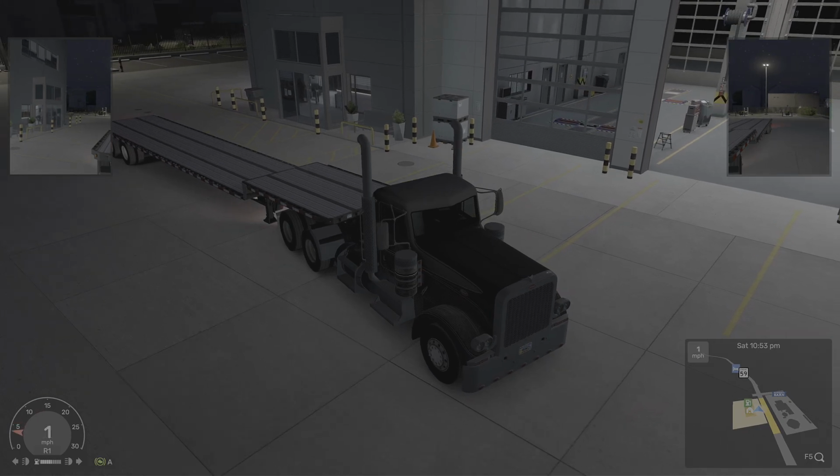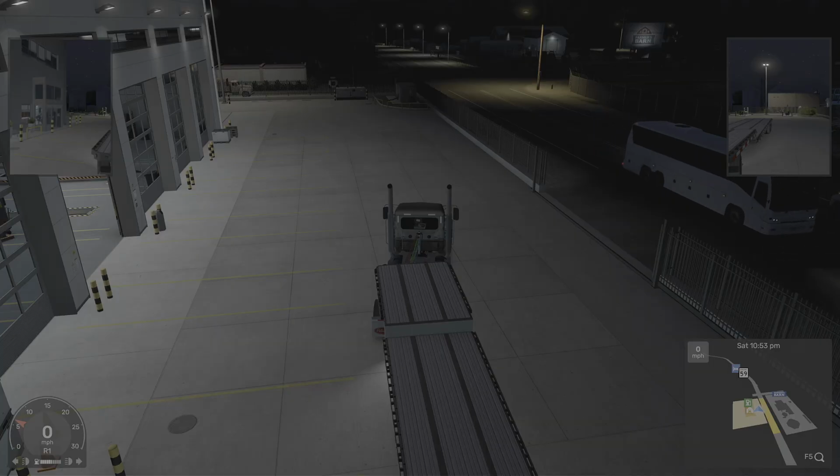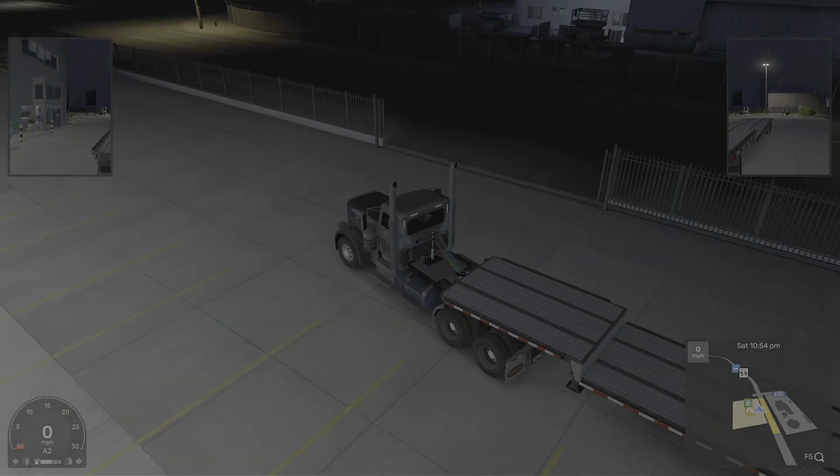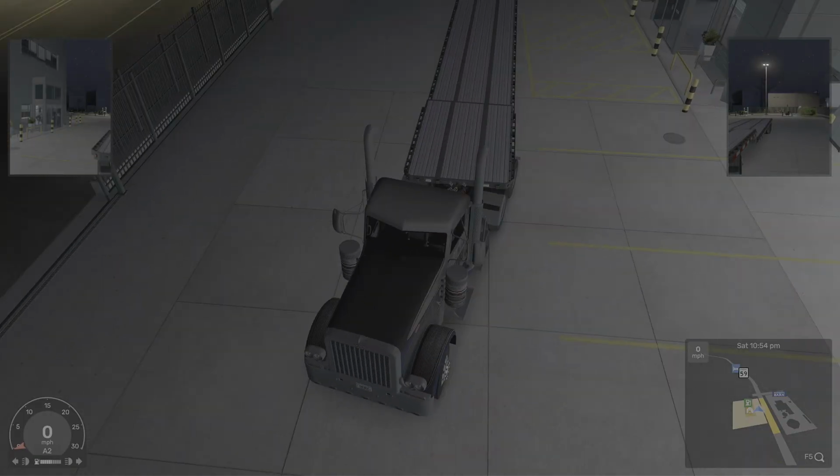I was looking at my truck the entire time, because it is the truck that is making the difference to the trailer. I did that in third person.